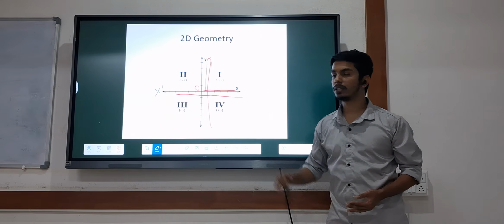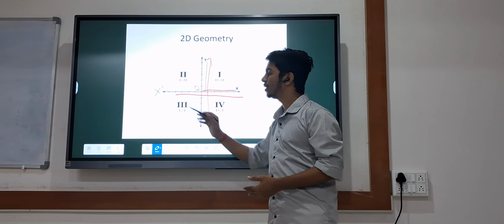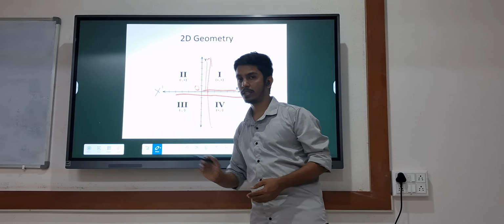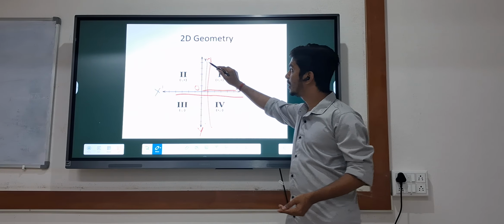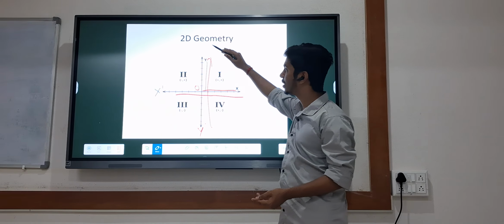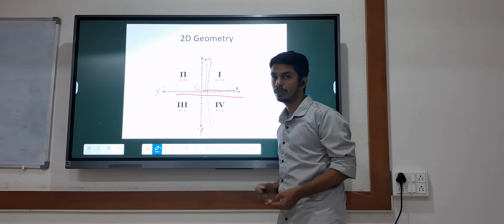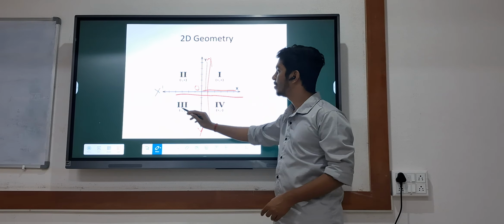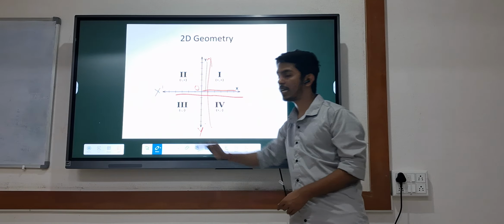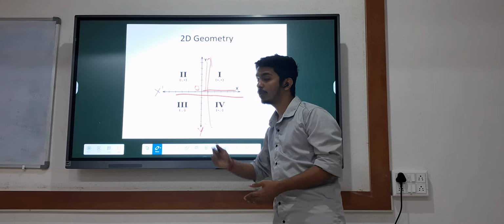And the third quadrant, moving down anti-clockwise. Here, the negative x-axis and the negative y-axis. Above O is the positive y-axis and below is the negative y-axis. So the third quadrant is negative x-axis and negative y-axis.